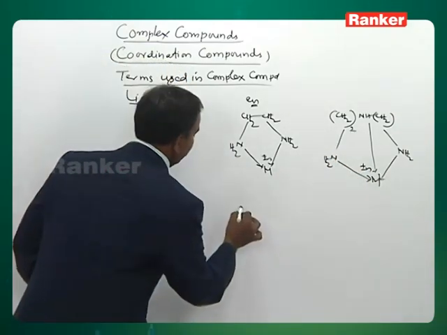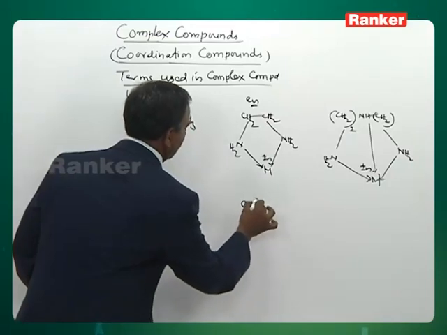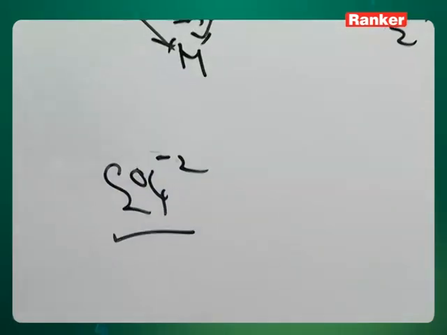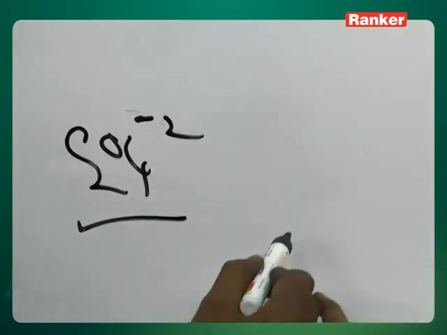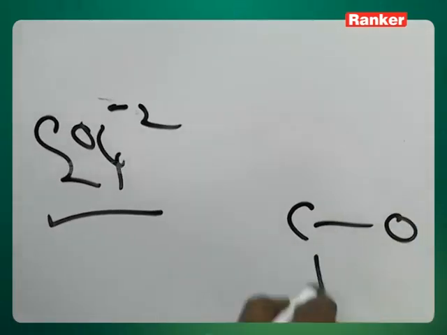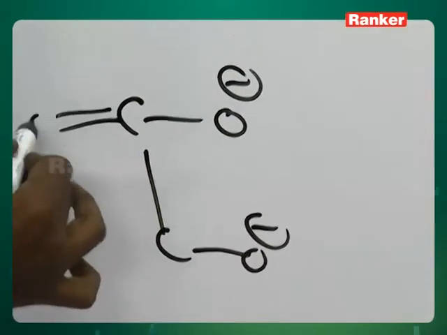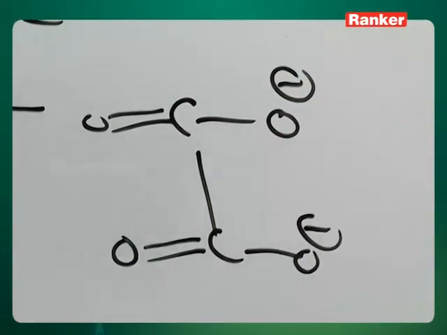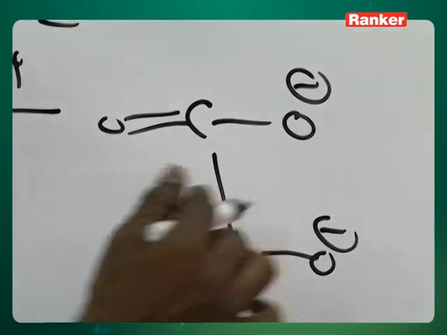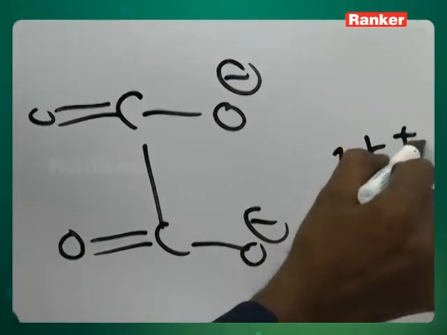Let me give one more example. The oxalato ligand, C2O4 2-. The structure of this ligand has C single bond O with charges. This oxalato ligand may bind any metal ion like platinum.